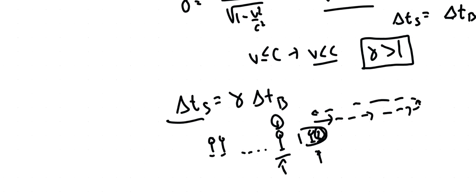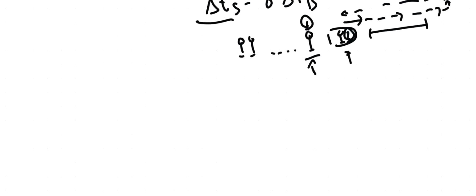But in any case, if you just consider this straight path, it will hold in general that the twin that stayed on the ground will age more than the twin that goes away in the spaceship. So we derived this, and let's keep it in mind: delta Ts is equal to gamma delta Tb.